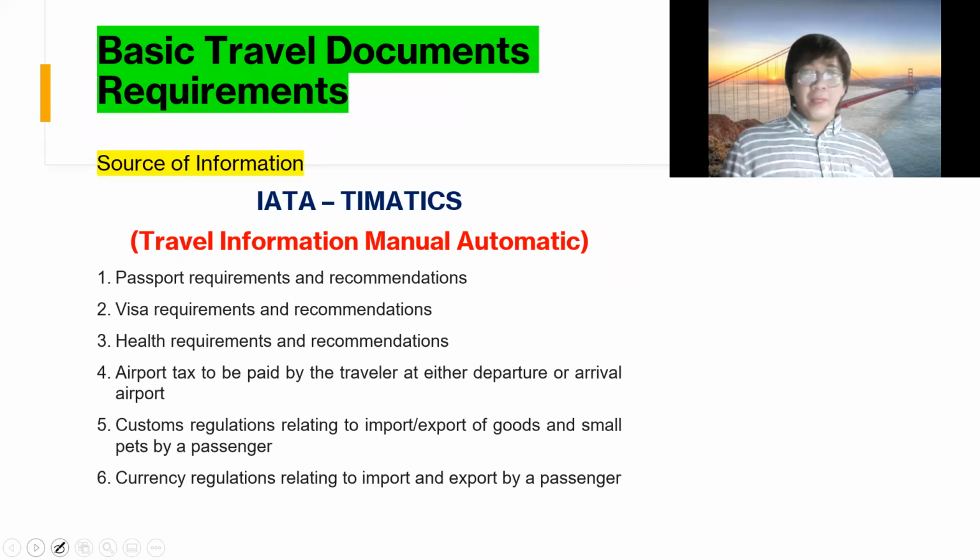Now, of course, hindi naman natin alam lahat ng mga visa requirement, and some of them might also require other forms of requirements such as yung health declaration, besides the visa, maybe vaccine certificate, etc. So para matulungan kayo, meron akong website na i-share. Ang pangalan niya is Timatic. Ang gagawin nyo lang dito is input yung passenger details ng kliyente nyo para malaman ninyo kung ano yung kailangan nating dokumento.